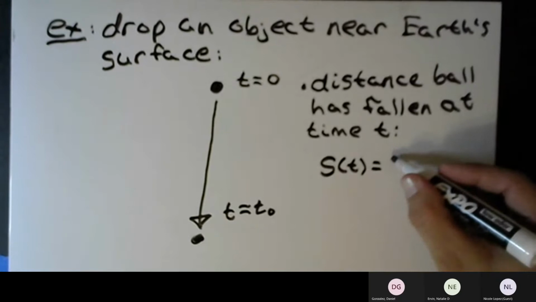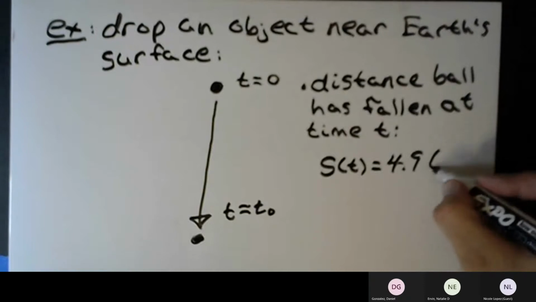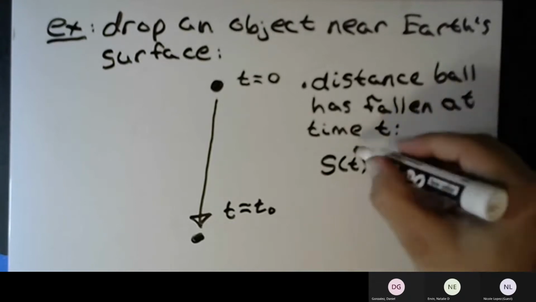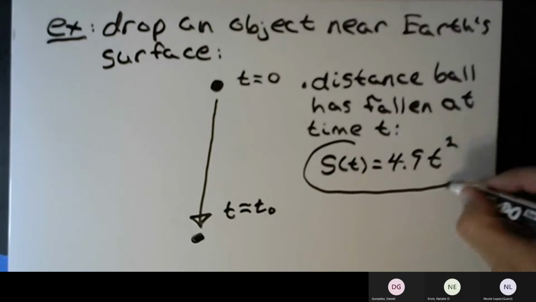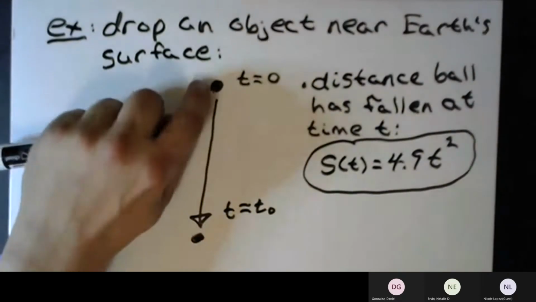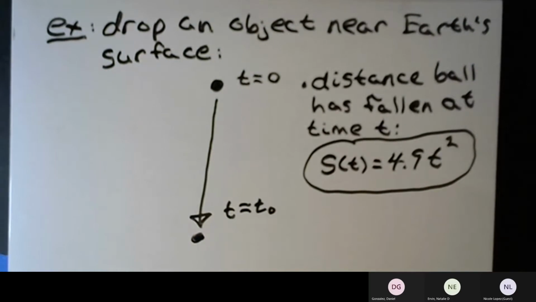So we saw the English units version, which is 16t squared. We're going to use the metric version, 4.9 t squared. So this tells us how far the ball has fallen once we've released it in terms of time t. So at t0, it's up at the top, and then time ticks by and the ball falls.